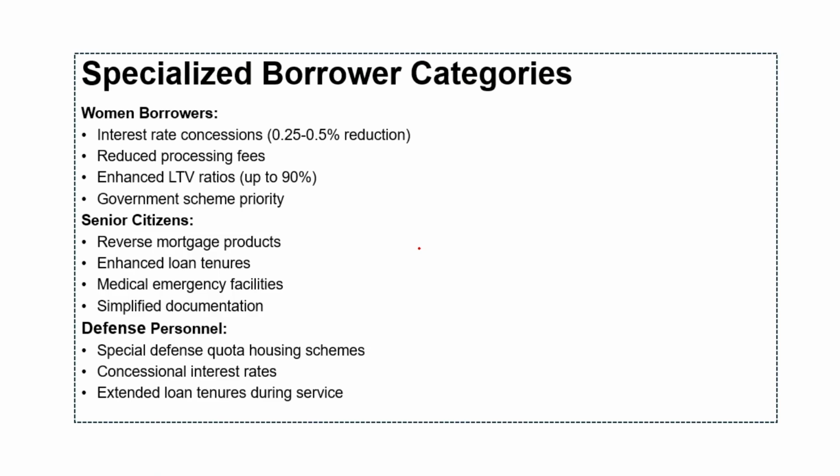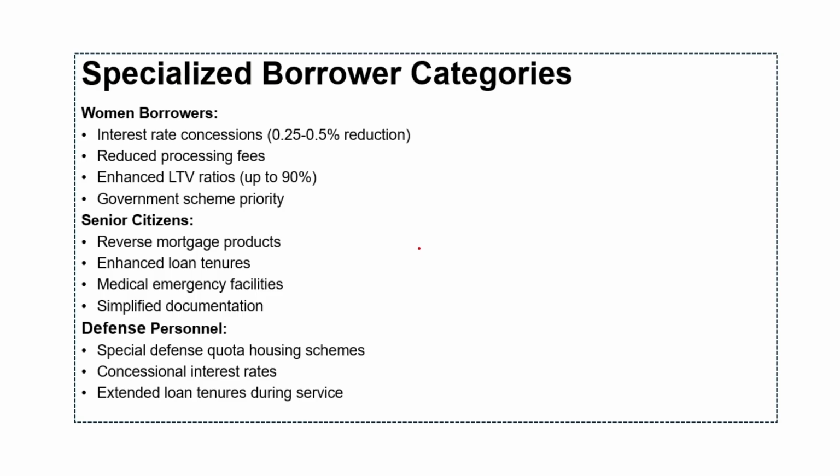Then we also have a defense personnel category. So defense personnel receive recognition for stable employment and patriotic service through special quotas and concessional rates. The extended loan tenure during service periods acknowledges deployment related income variations.